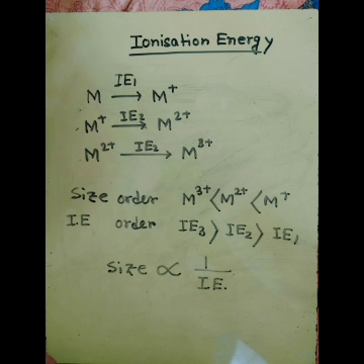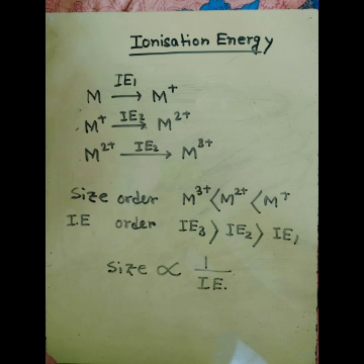Then they require more energy to remove an electron from the valence shell. Similarly, if the atom size is larger, then the valence electrons are loosely bound by the nucleus. Then you can easily remove the valence electron from the valence shell, so they require less energy.